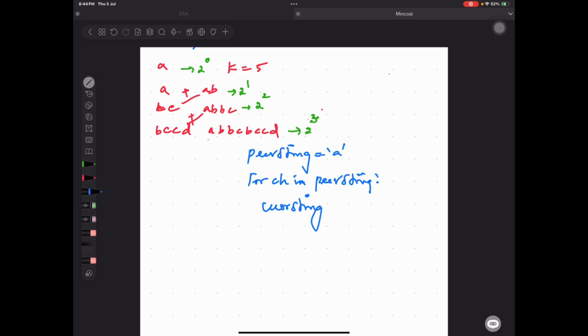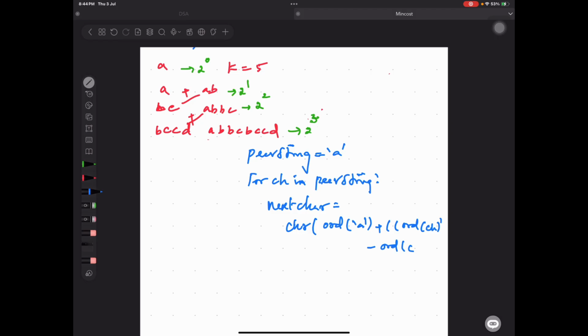First let's figure out the next character. What is the next character? We will be calculating the ASCII value of "a" plus the current character's ASCII value minus the ASCII value of "a", plus 1, and on top of this we will take modulo 26.